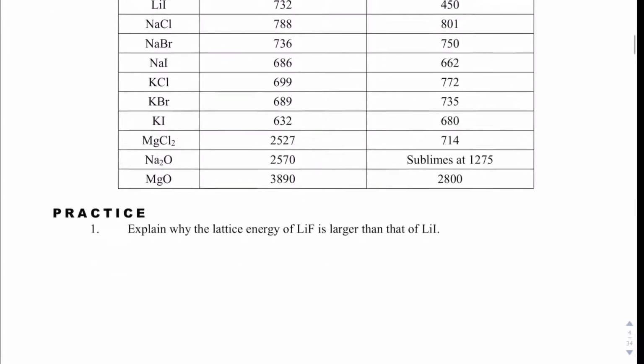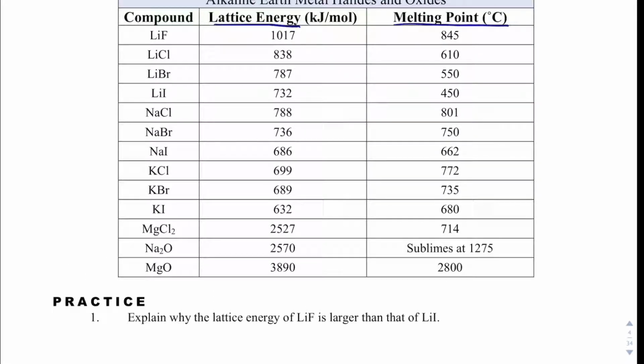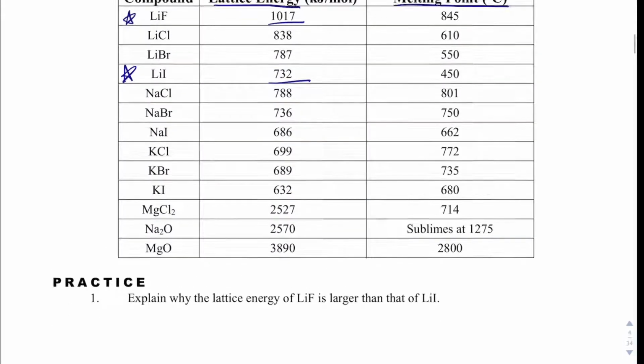And so question number 1 says, explain why the lattice energy of LiF is larger than that of LiI. Clearly that is true, that LiF has a larger lattice energy. What we want to do is compare what's the same between them and what's different.